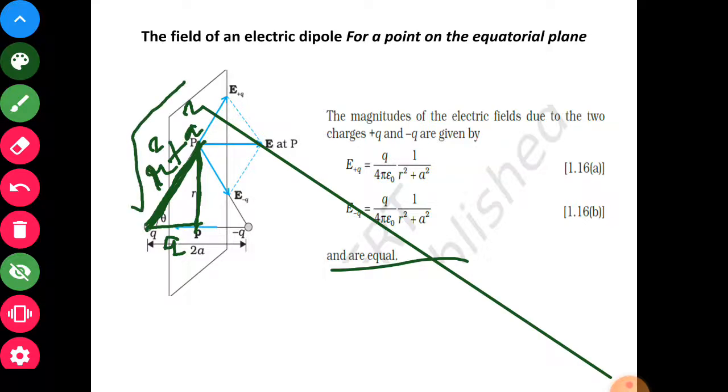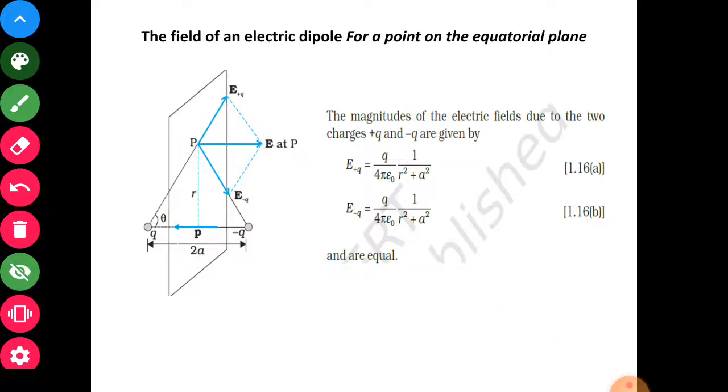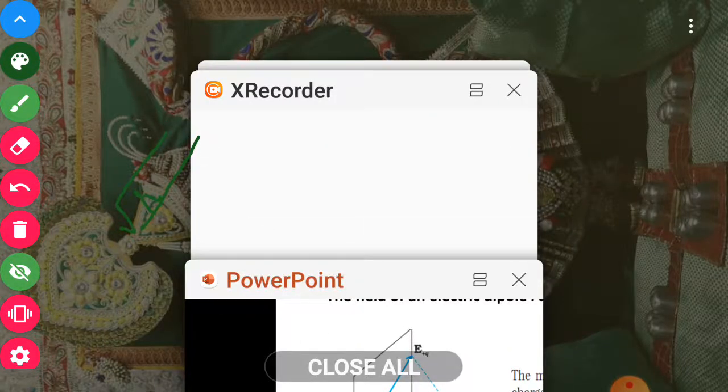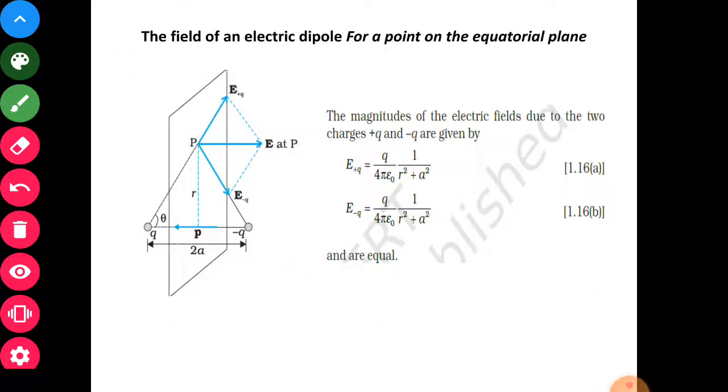So this distance will become the square root of R square plus A square.